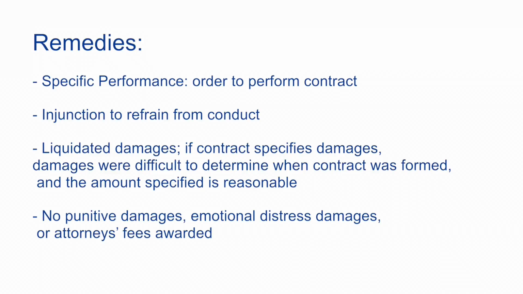Note that in contract cases, punitive damages, which are damages to punish a party, are not awarded. You can't get damages for what's known as emotional distress, and you can't get attorney's fees reimbursed. So those will always be paid for by each party.